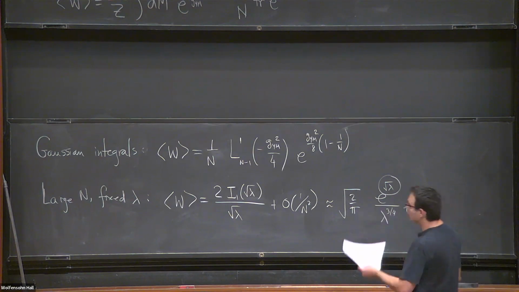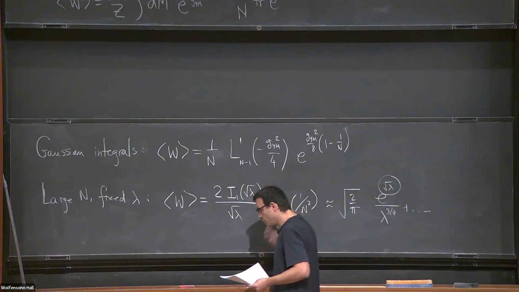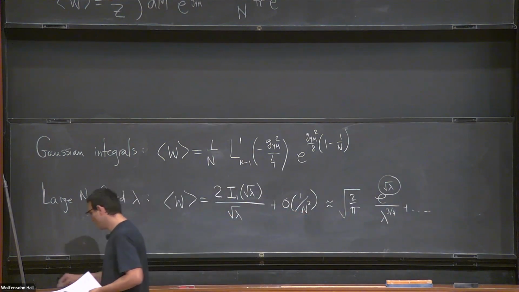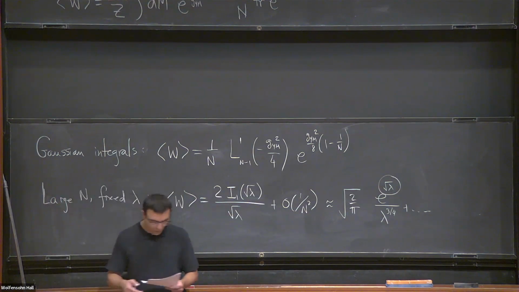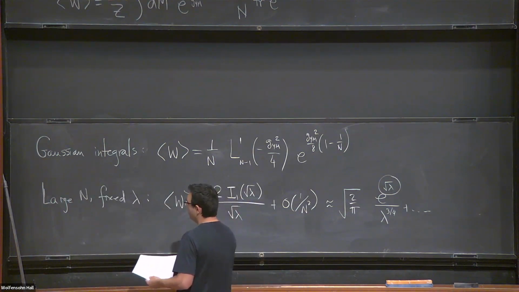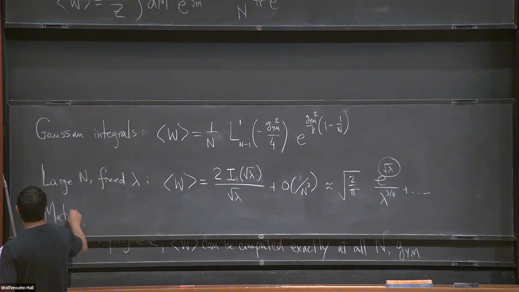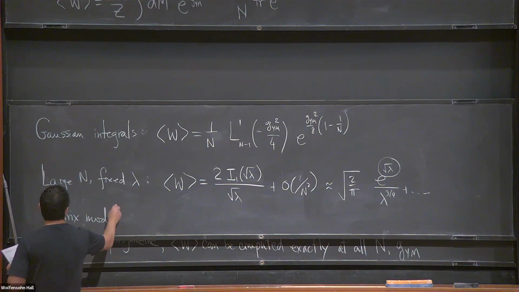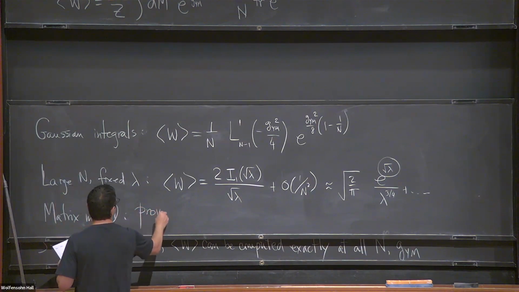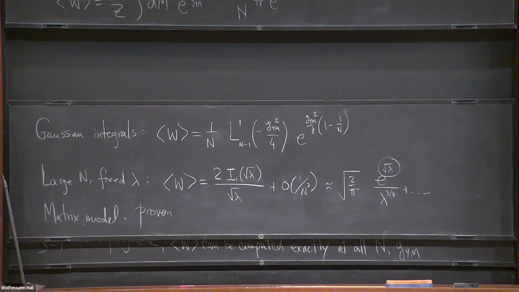Drukker and Gross conjectured it based on weak coupling computations, and then they checked it against strong coupling. That's related to the fluctuations of the string.